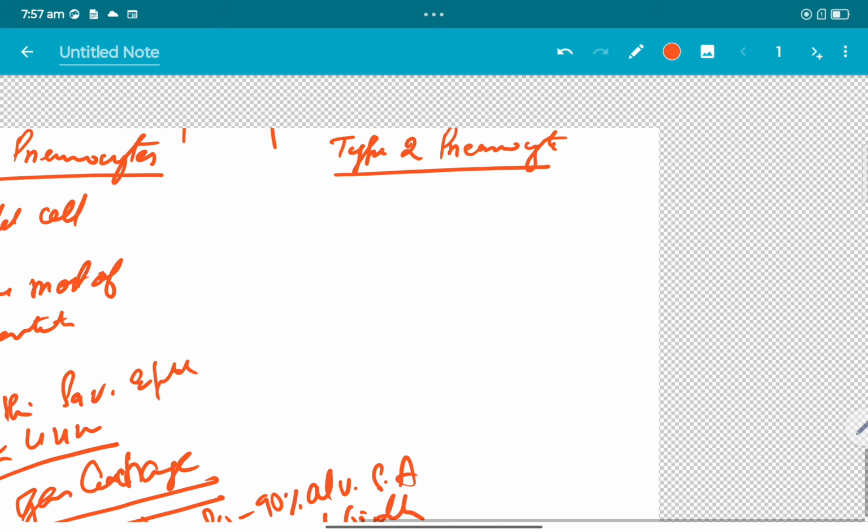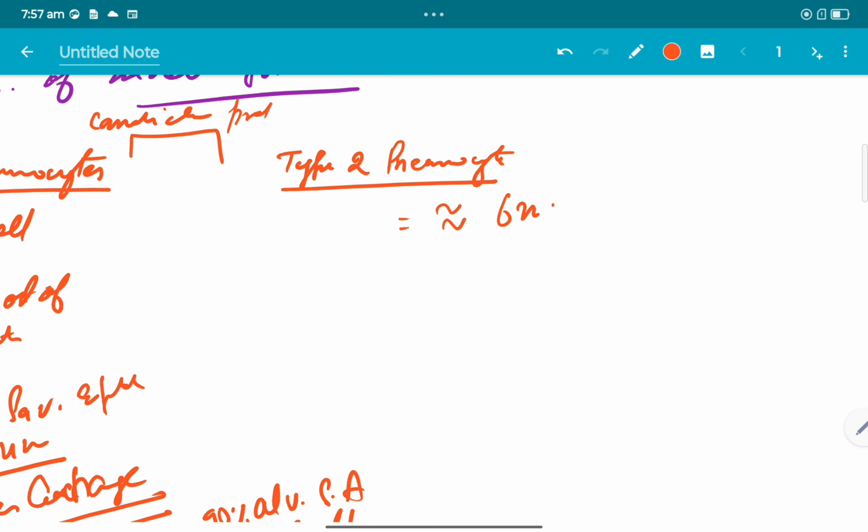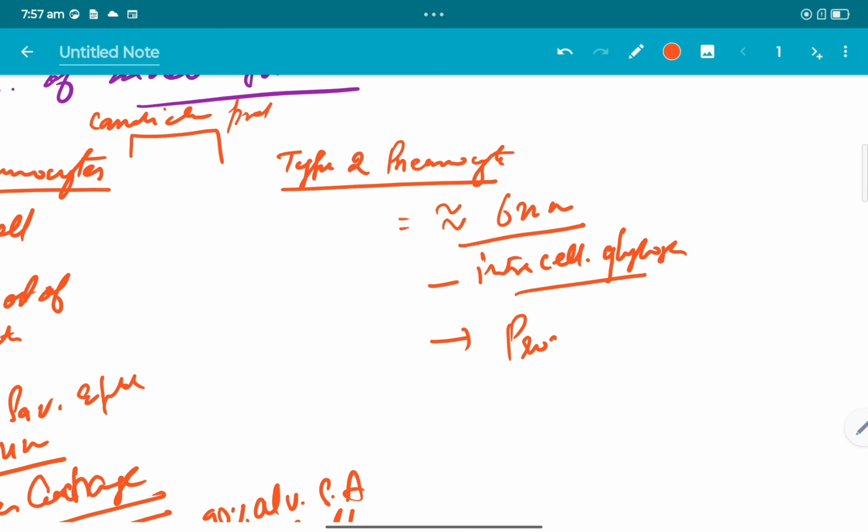What is type 2 pneumocyte? Type 2 pneumocytes, they are in approximate size of 6 micrometer. They retain intracellular glycogen and they produce and store pulmonary surfactant. Okay.